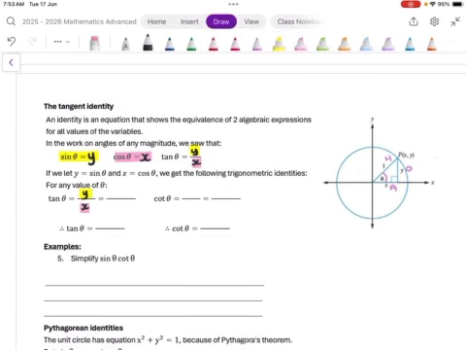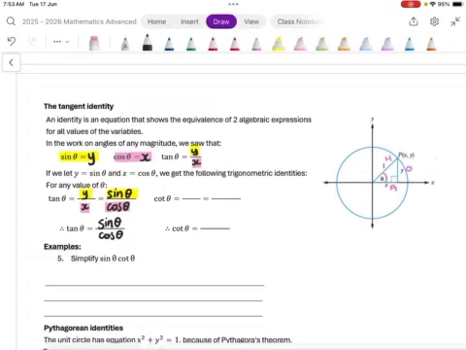And so if we replace the y with sine theta, we can then put this over cos theta, meaning that tan theta is equivalent to sine theta over cos theta. Okay, and that is our tangent identity.